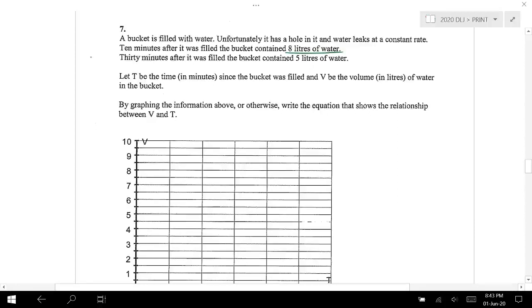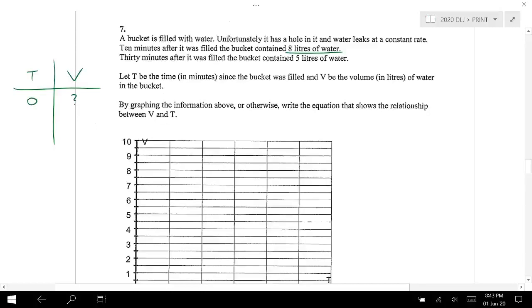So if we made a little table of what's going on, there's a time, and then there's the amount of water. Oh, we should probably do volume actually. So at time 0, we don't know what the volume was, it hasn't told us yet.